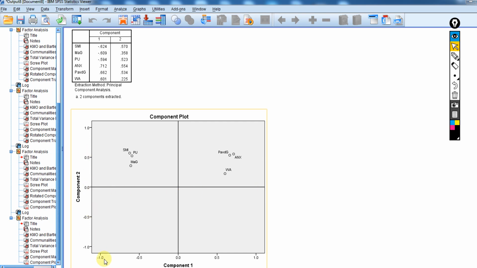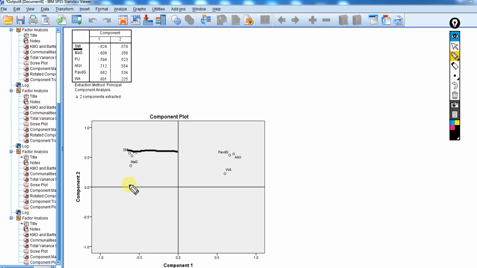So visually, we can look at the plot for each of these measured variables. There's subject matter interest, right here. You can see that it correlated negatively with component 1, so it's going lengthwise from 0 to -0.624. And then on component 2, it's a positive relationship, 0.57, so you can see that we're going from 0 in the positive direction.